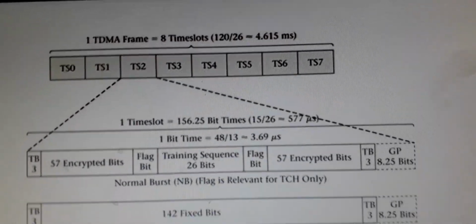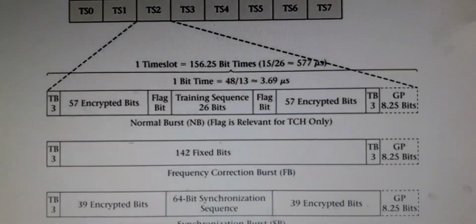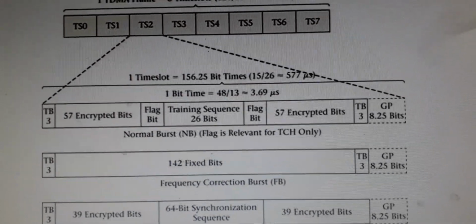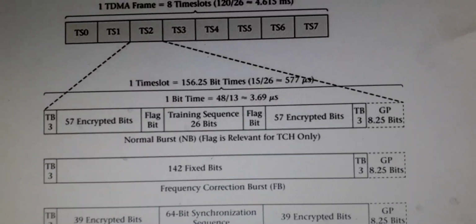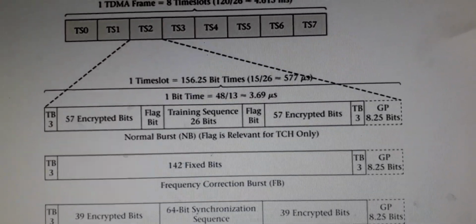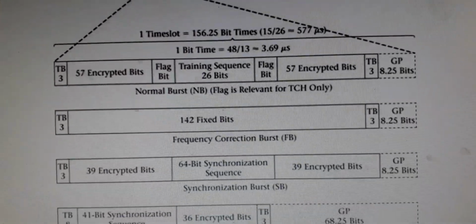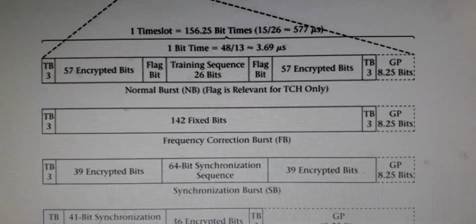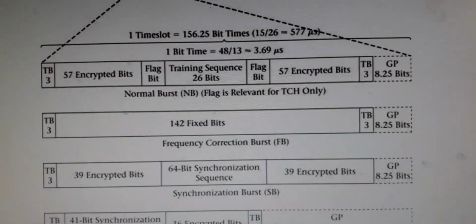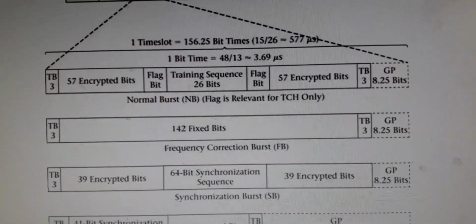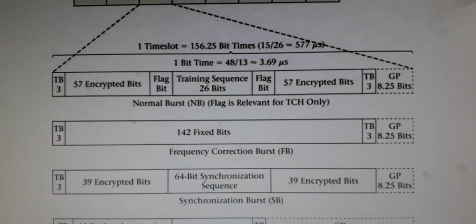This is the normal burst. Similarly, the frequency correction burst consists of 142 fixed bits, which are used for tuning the frequency, and it becomes the frequency correction channel later. Similarly, the synchronization burst has a 64-bit synchronization sequence used for synchronization channel purposes.